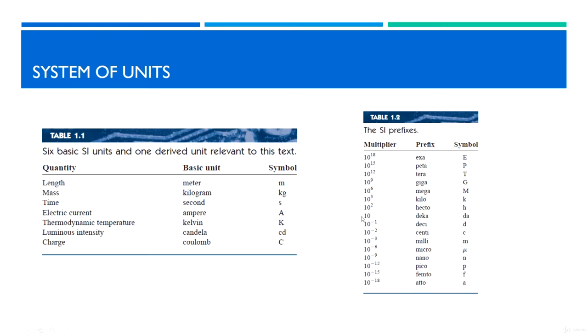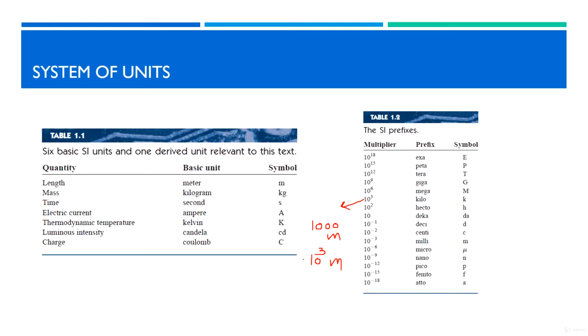So for example, instead of saying I have 1000 meters as a distance, I can say 10 to the power 3 meters, where the 3 represents the number of zeros. So this 10 power 3 represents the 1000.